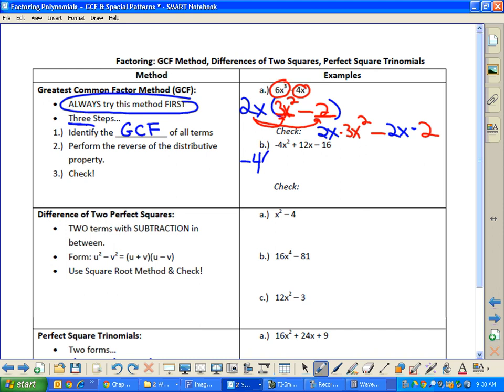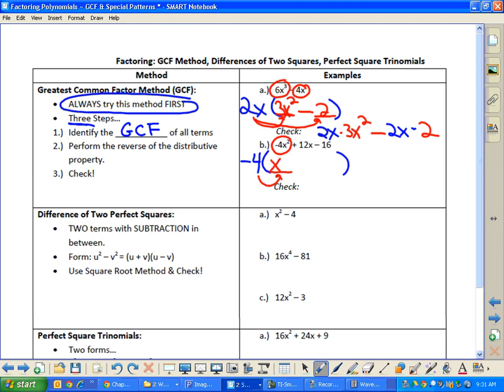So now in step 2, I open up a set of parentheses that mirrors the original shape and structure of the polynomial I'm trying to factor. So I ask myself, negative 4 now times what? Like a fill in the blank in my head. Negative 4 times what would get me back to negative 4x squared? Nathan?